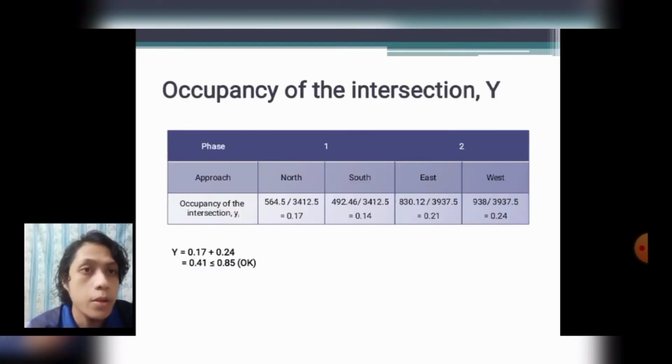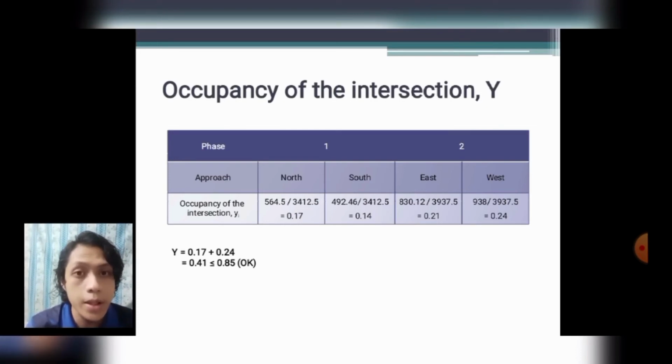Next, we should find the value of Y, occupancy of the intersection, by using the formula Y equals Q over S. We already have the value of Q and S from the previous solution. So we just use the formula for each part at north, south, east and west, and we will get the value of Y. And then we add the highest value from each phase.